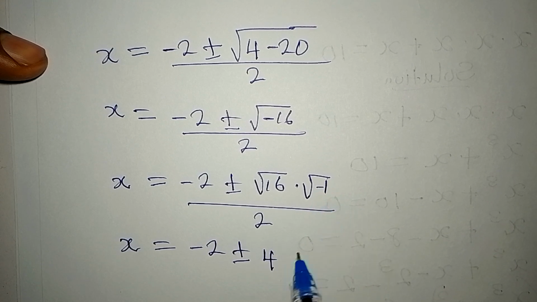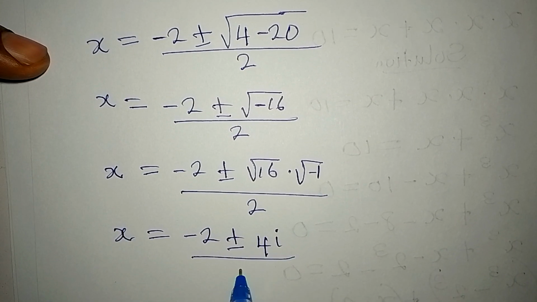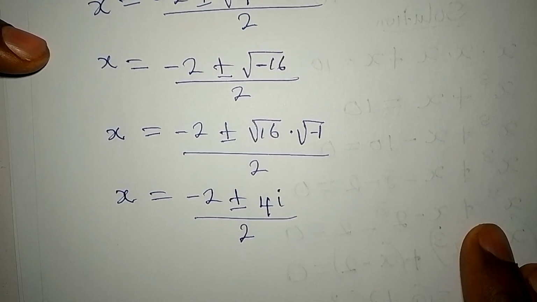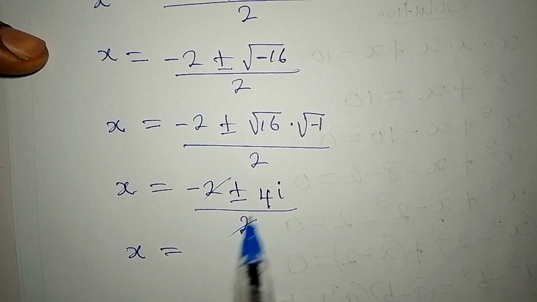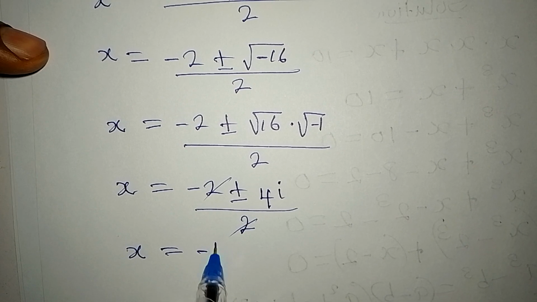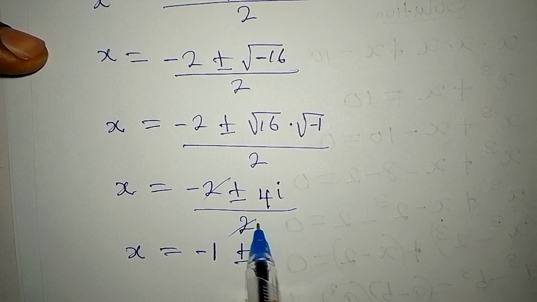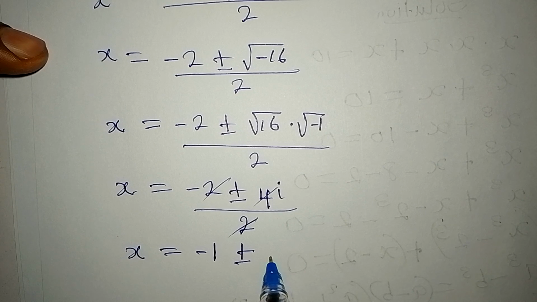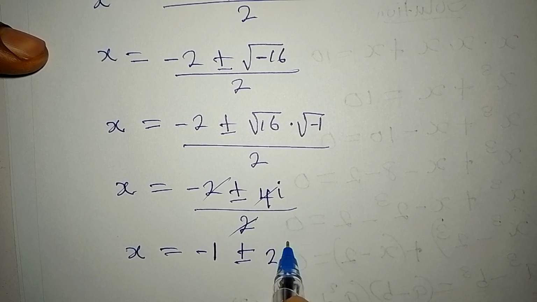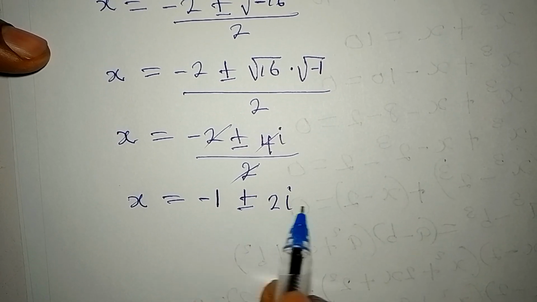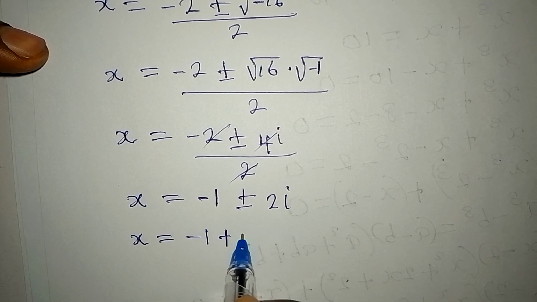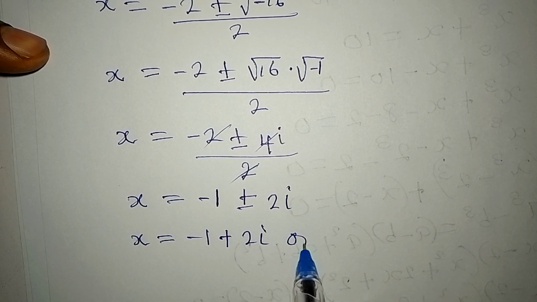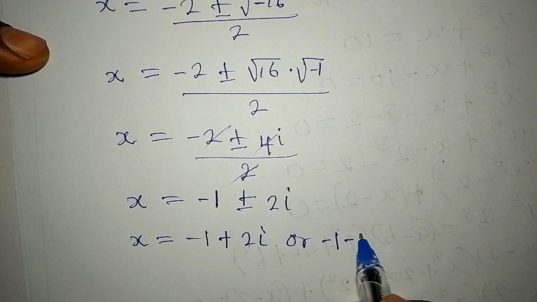Then square root of negative 1 is imaginary, and we'll write i for that. So divide this by 2. To continue with this, we can now have x to be equal to 2 can go there, and we have minus 1 plus or minus the same 2 will go here, and we have 2i.